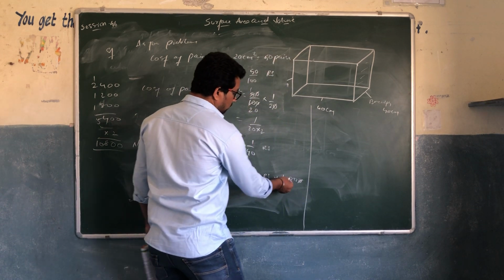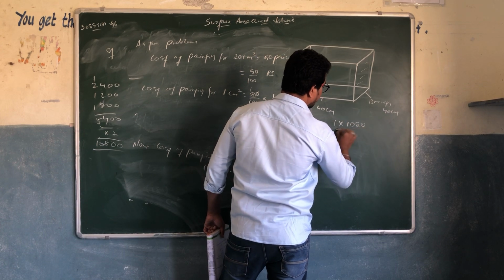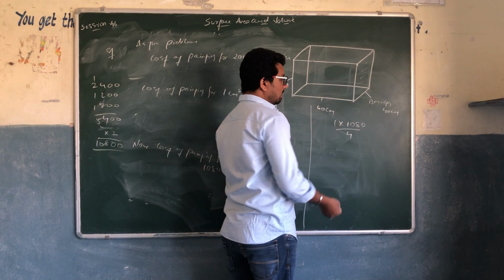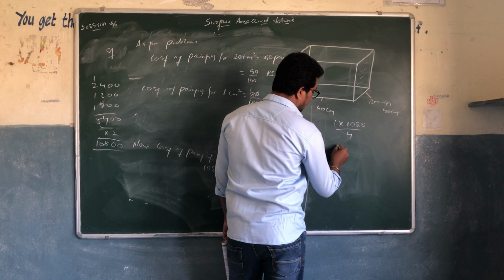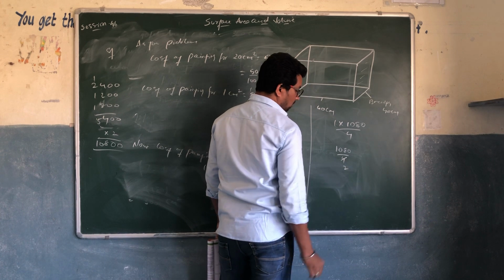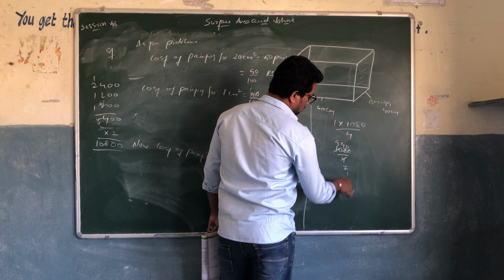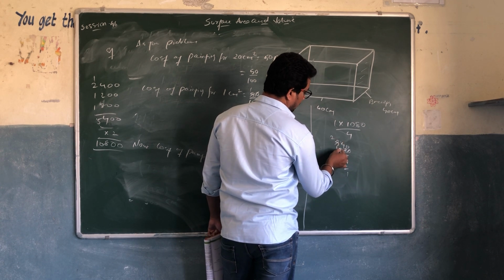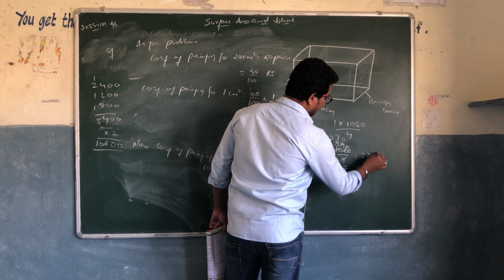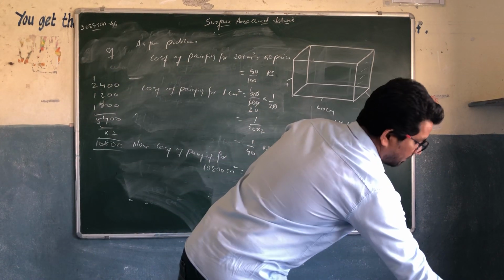This is 1 into 1080 by 4. We are left with 4. Now let's see whether we can get it in the 4 table or not. 2 twos 4, 2 fives 10, 2 fours 8 and 0. Next 2 ones 2, 2 twos 4, 1 left, it became 14, 2 sevens 14 and 0, which is equal to 270 rupees. We got it? Yes, we have the same answer, 270 rupees.